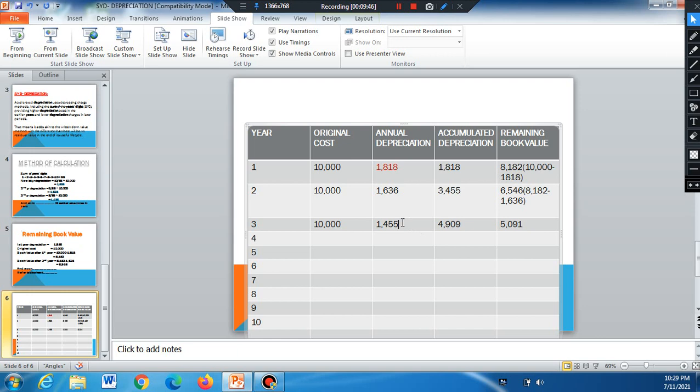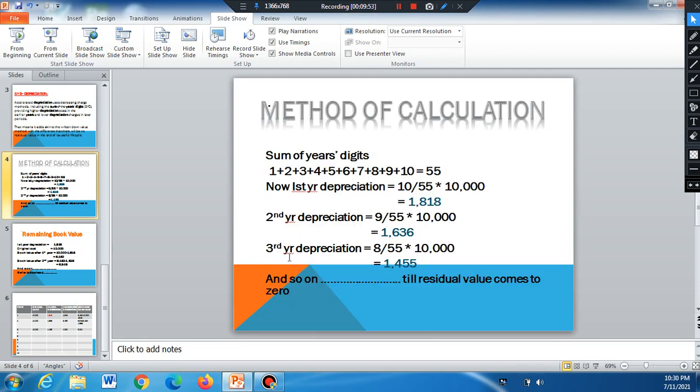So here what will be the value? 1455. How? Just see here, method of the calculation. Third year depreciation, 8 by 55 into 10,000, that is giving you 1455.